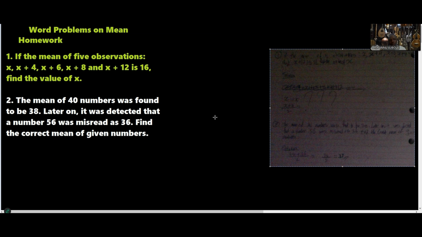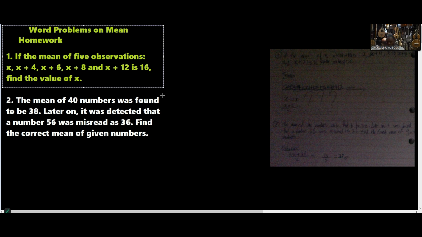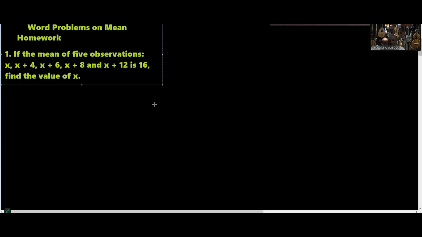Now, mean. You already know that when you're given some set of numbers to find the mean, like five numbers, you add up the five numbers and divide by five. But this time around, you've been given alphabets to represent numbers. So let's take this first one to the bottom page and try to attend to it separately. If the mean of the five observations is 16, find the value of x.